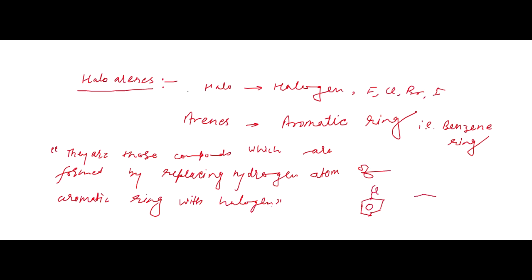You can take many examples. If one hydrogen is replaced by Br, that is bromobenzene. So they are haloarenes.